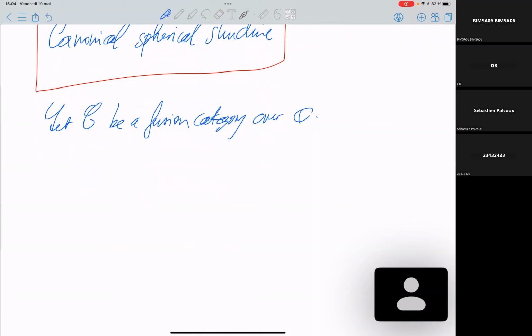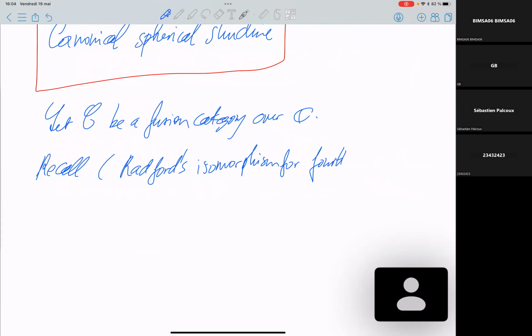So recall Radford's isomorphism for fourth dual.